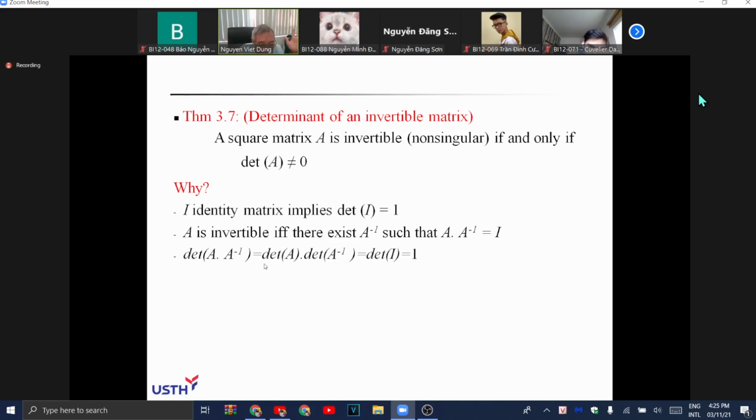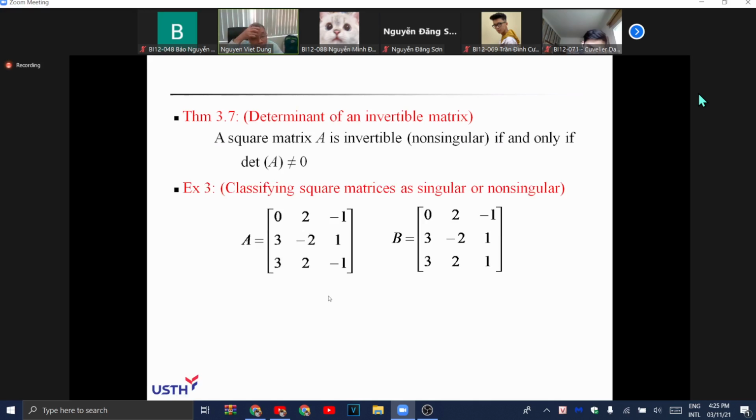So we have a product of two numbers equal to 1. It means that neither of those numbers can be 0, because 0 multiplied by any number must be 0, not 1. So you see, A is invertible if and only if the determinant of A is non-zero.